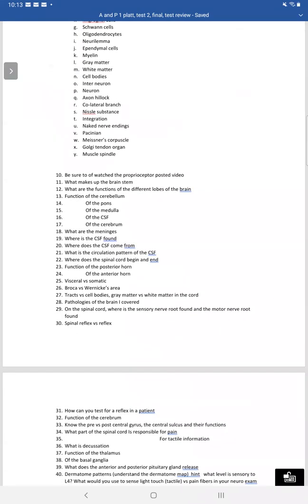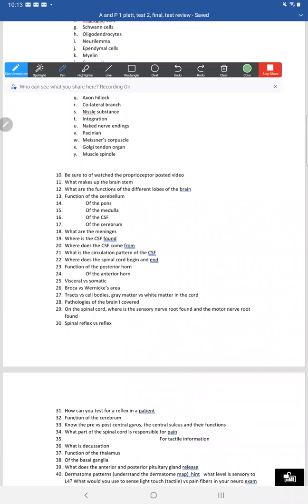Okay, what makes up the brainstem? Right, so there's 3 different parts to the brainstem. What are the 3 different parts to the brainstem?